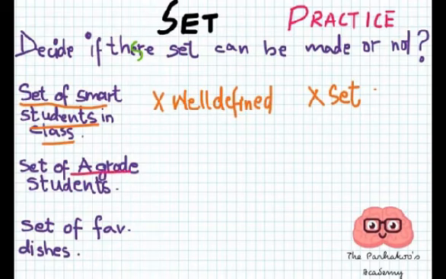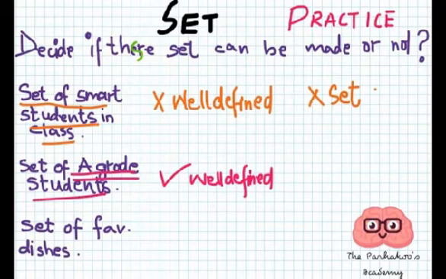The set of A grade students in the class. If you and I are in the same class, and we are asked to make a list of A grade students, then we would come up with the same results, because A graders in a class are well defined. So yes, it is well defined.